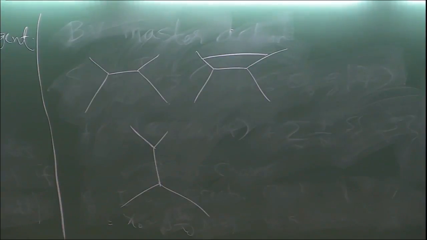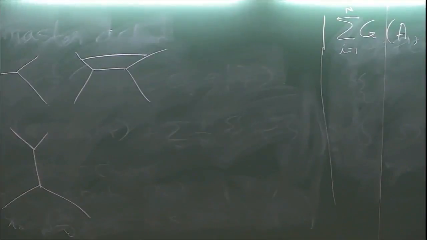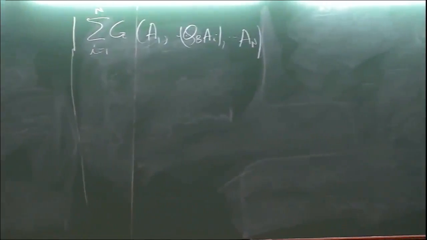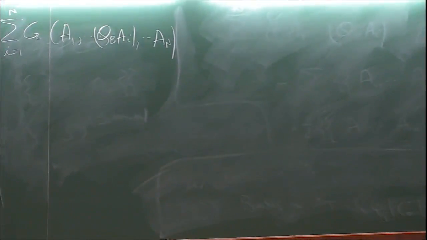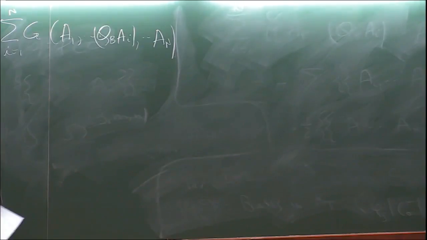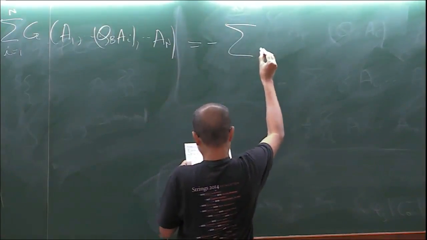I'm going to erase this because I need this space for writing down the identity for G. The first two terms are minus sum over G.